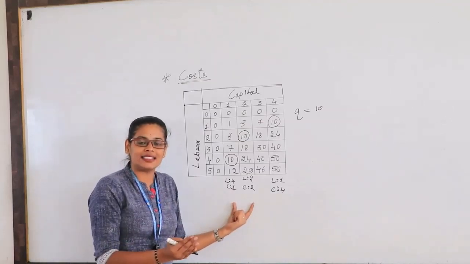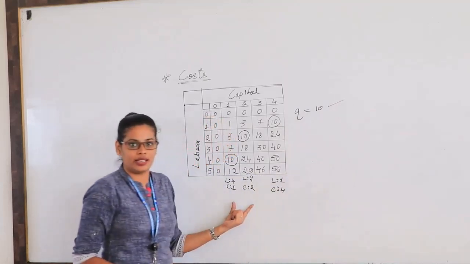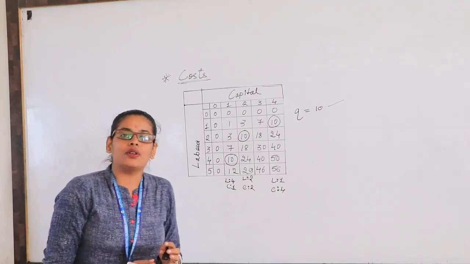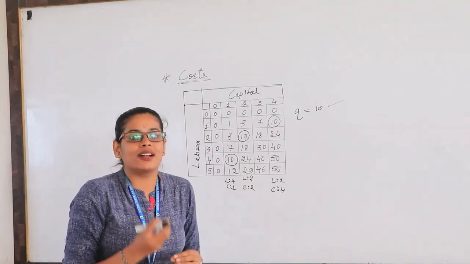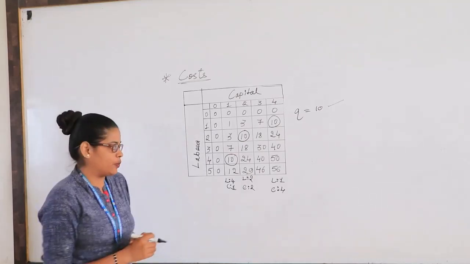With that least cost, he is going to manufacture these 10 units. On this basis, he is going to analyze the cost by making combinations in the inputs.